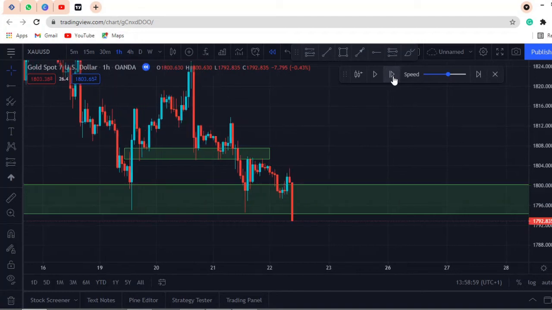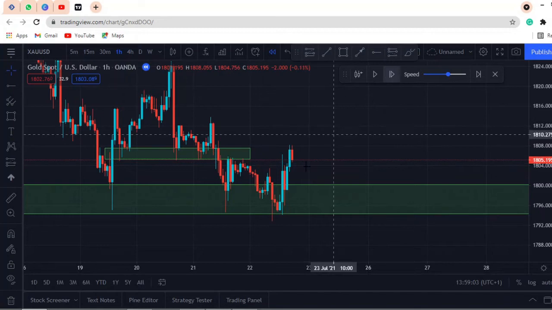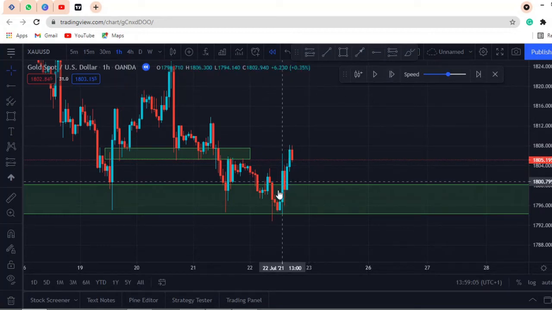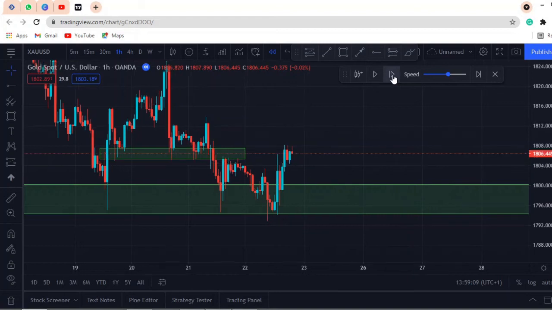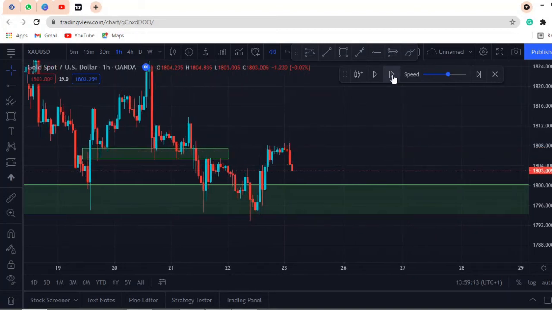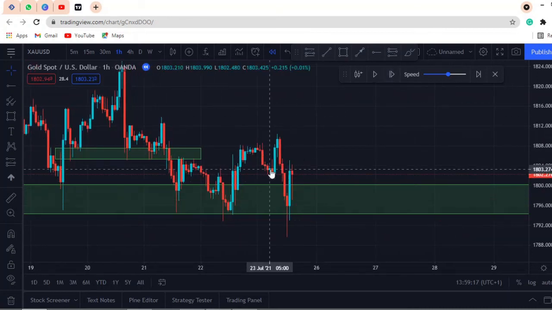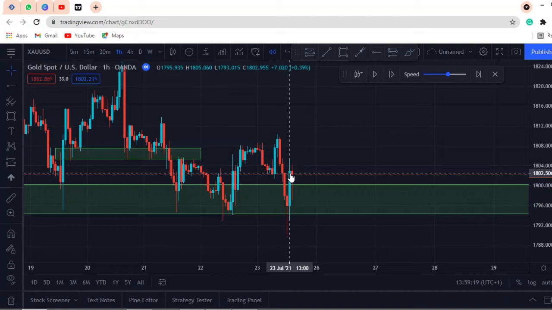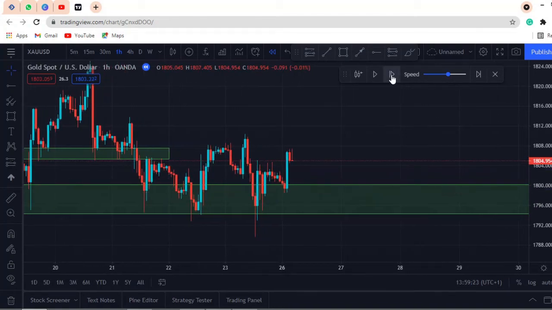So gold was selling, and selling and selling, and you see here it was really obeying this level. Okay, let's go on, let's play it.